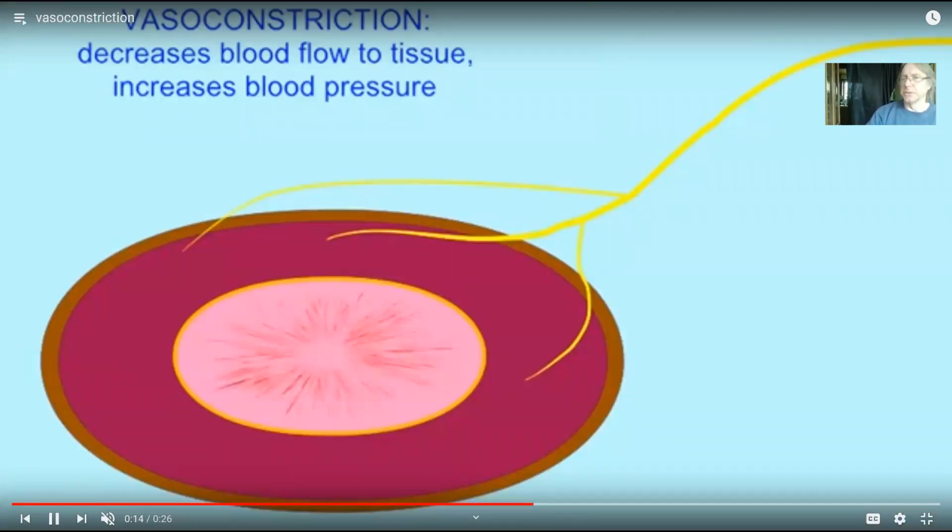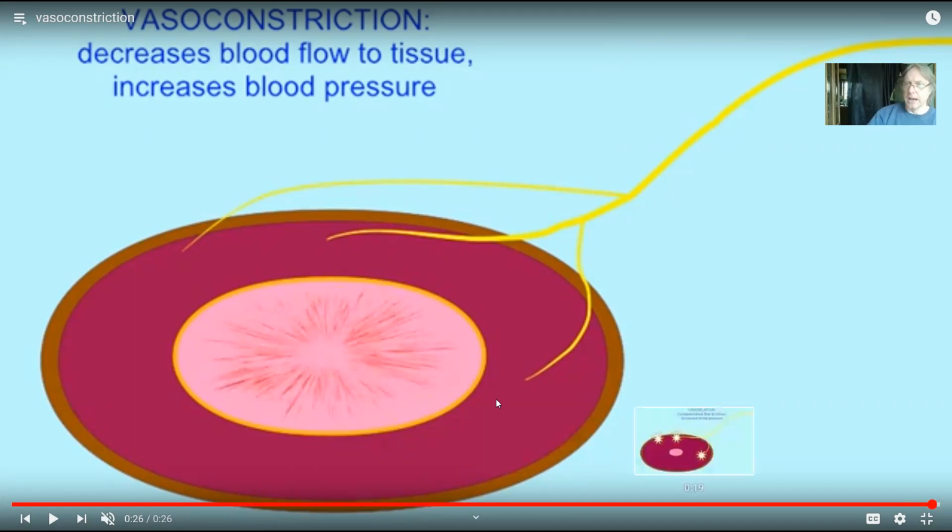Vasodilation. But remember, I've spoken of blood clotting, that when we cut ourselves, platelets can release factors which cause a vascular spasm, so that the muscles will then constrict and cause vasoconstriction.